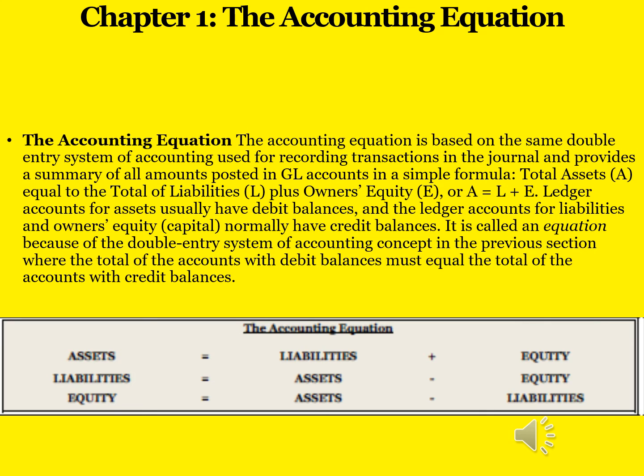General ledger accounts for assets usually have debit balances, and the ledger accounts for liabilities and owner's equity or capital normally have credit balances. It is called an equation because of the double entry system of accounting concept in the previous section, where the total of the accounts with debit balances must equal the total of the accounts with credit balances.